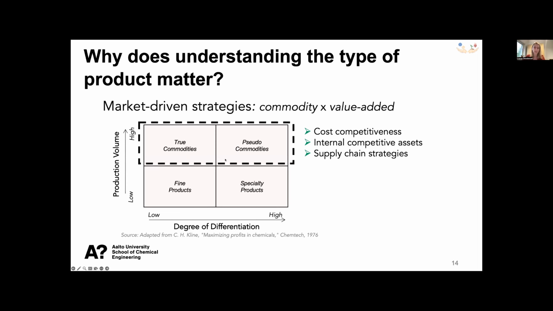If I'm on the top here, working with commodities, I want to be cost competitive because I'm making a lot of it, so I have economies of scale. I need to leverage what is internal, all of the CAPEX, the capital cost, the assets, the buildings, the whole mill. I need to make the most with what I have. And I may want to store some to control the volatility of the market.